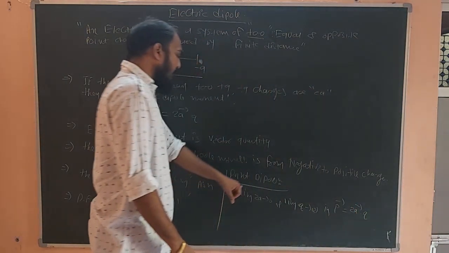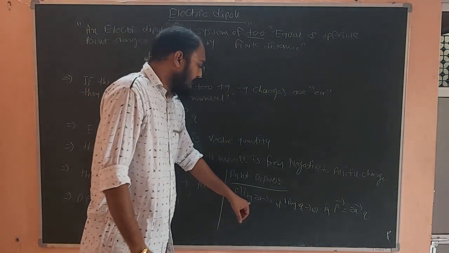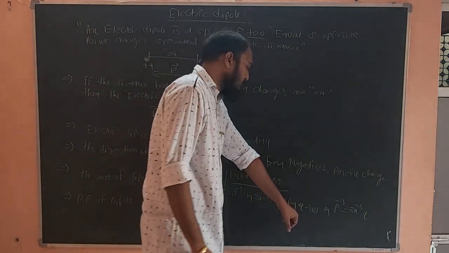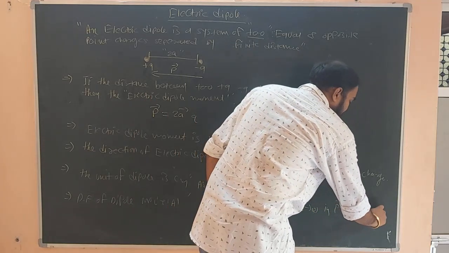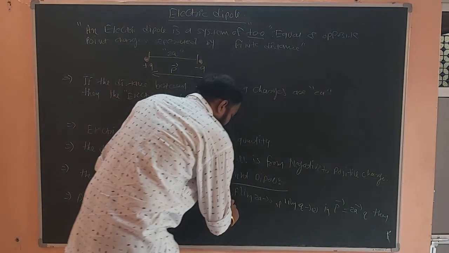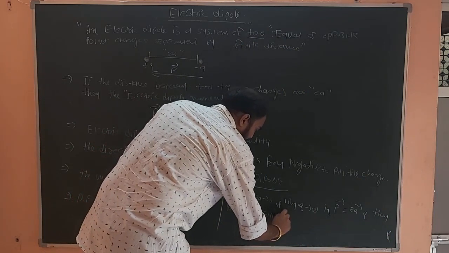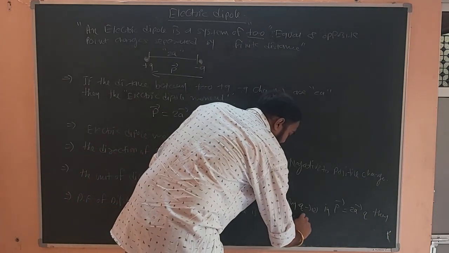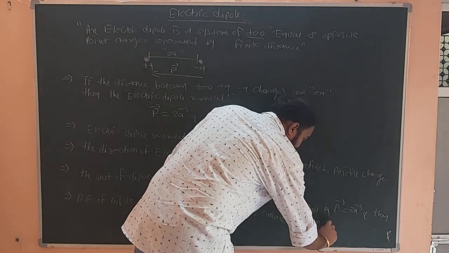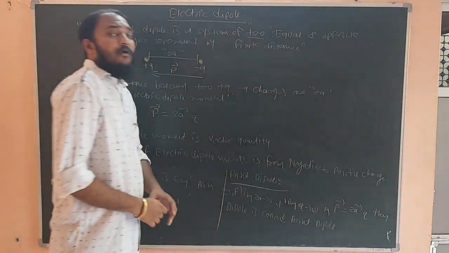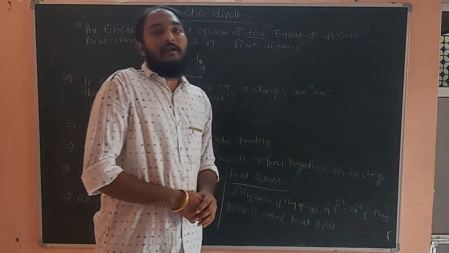The definition of the point dipole is: if limit 2a tends to 0 and limit q tends to infinity in p, then the dipole is called a point dipole. Why do we need to study the point dipole?